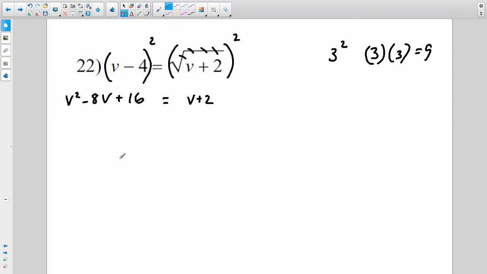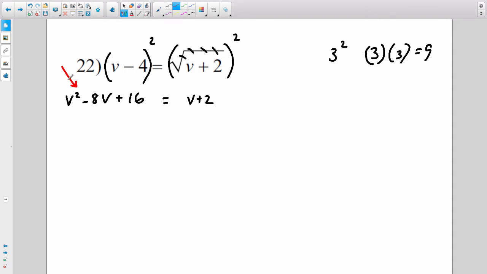All right, so now it's pretty simple, except at the end, we really have to check because on all radical equations we need to check our solutions. I want to set this equal to 0 because I have a quadratic. So whenever you're trying to solve for quadratics, don't we usually set it equal to 0, factor, solve?